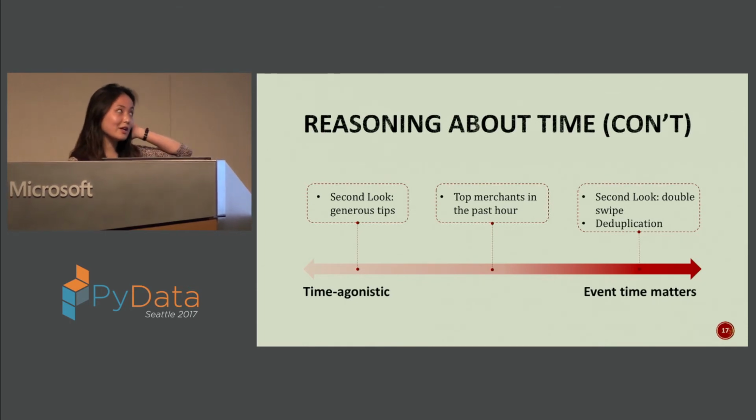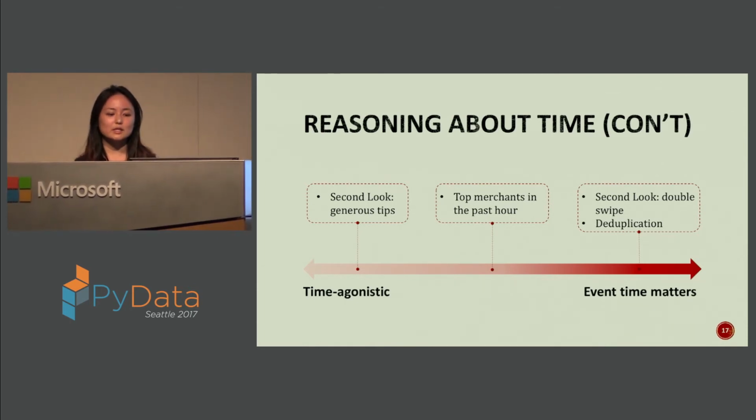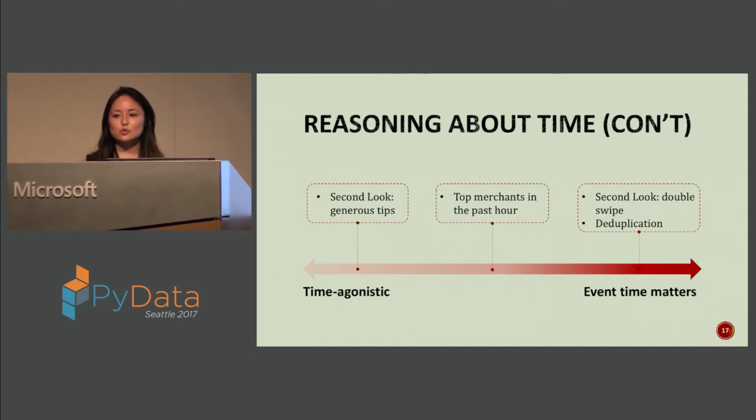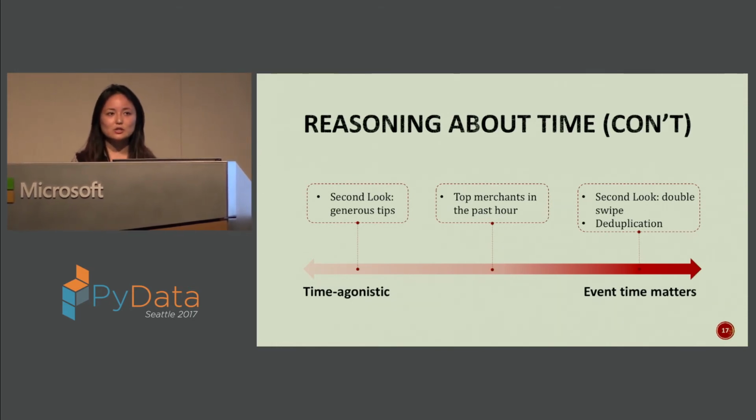The example I give here is, for Second Look, there's another feature called double swipe. Sometimes a merchant will accidentally swipe your credit card twice, and we will send our user a notification saying, take a look at this again, is this a mistake? In this use case, event time matters more.